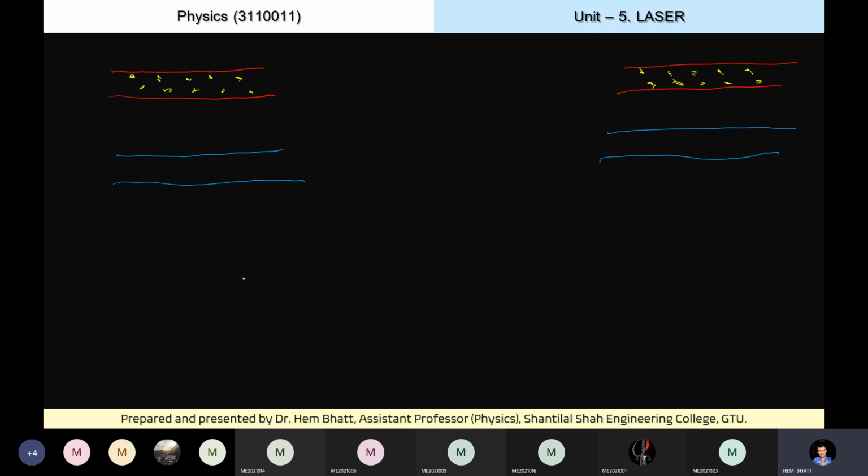In stimulated emission we have to provide photons from outside. This is the difference. Now tell me in which case will more stimulated emission take place, 1 or 2? In which case will more electrons fall down?